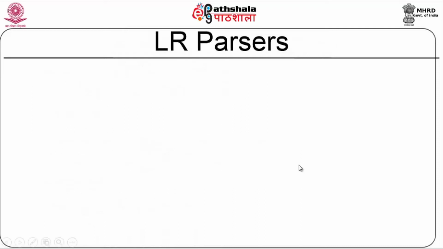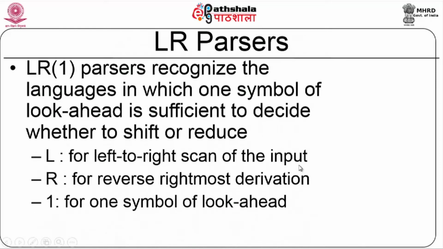LR parsers, in the sense that it is a left to right scan. The first L stands for the input being scanned from left to right, and the R stands for rightmost derivation. Here it also says reverse rightmost derivation, in the sense that in rightmost derivation I start from the start symbol and replace the LHS with the RHS, but in this case it is a reverse rightmost derivation, in the sense that you look for a handle.